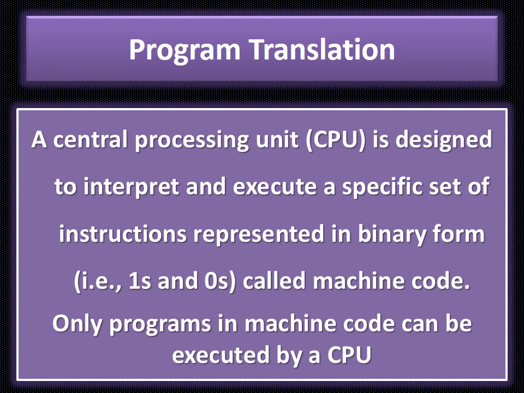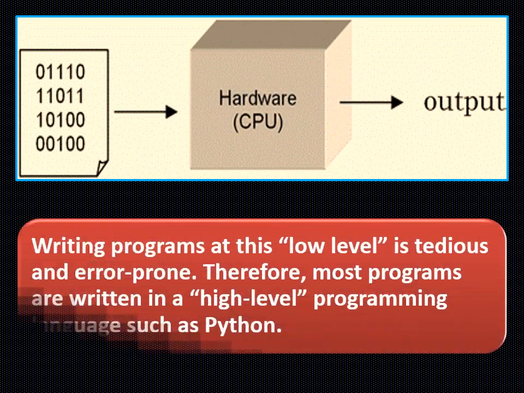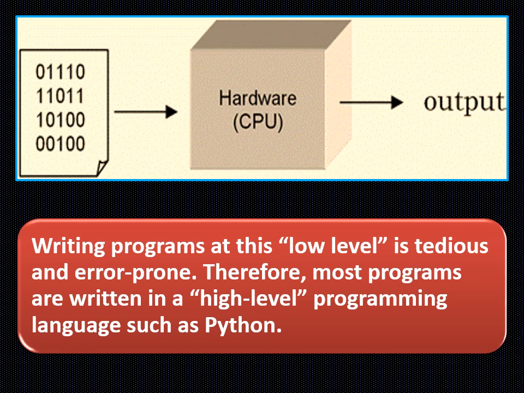Only programs in machine code can be executed by a CPU. Writing programs at this low level is tedious and error-prone. Therefore, most programs are written in a high-level programming language such as Python.